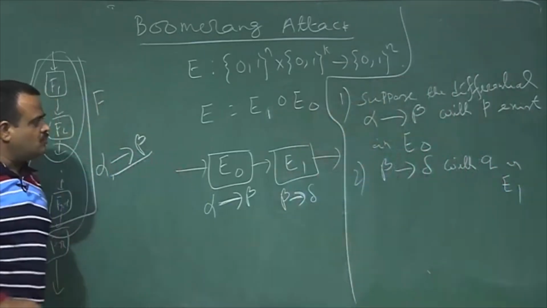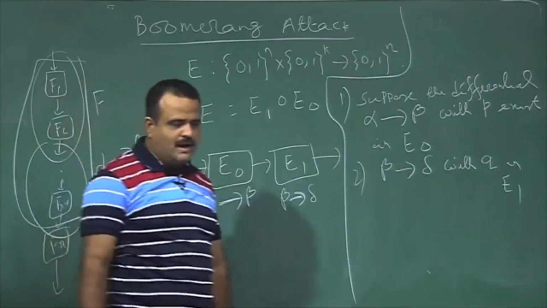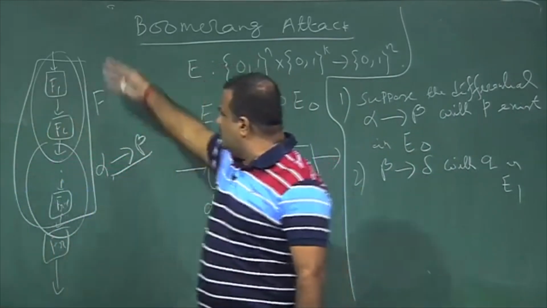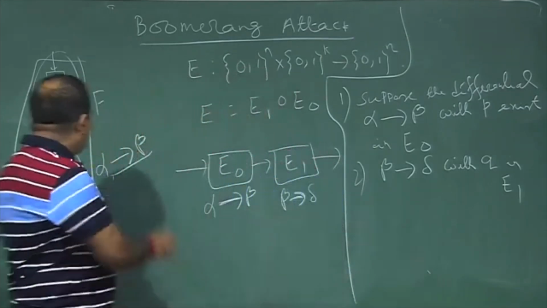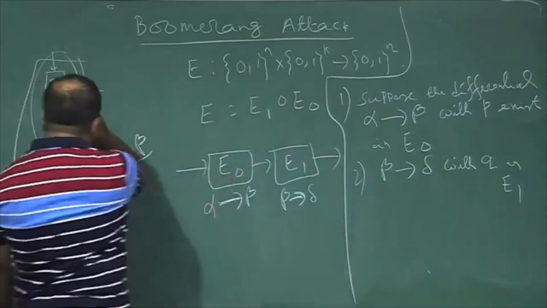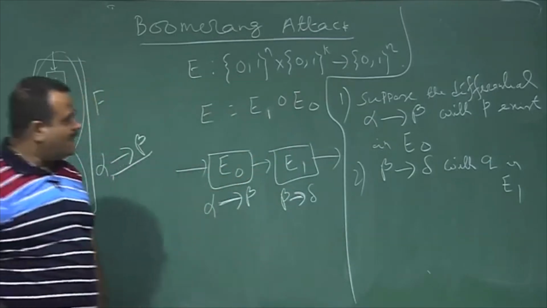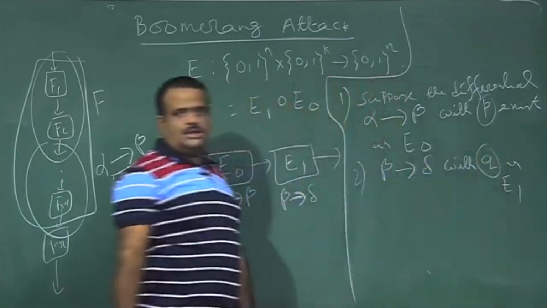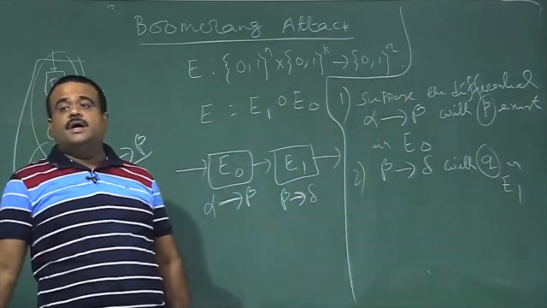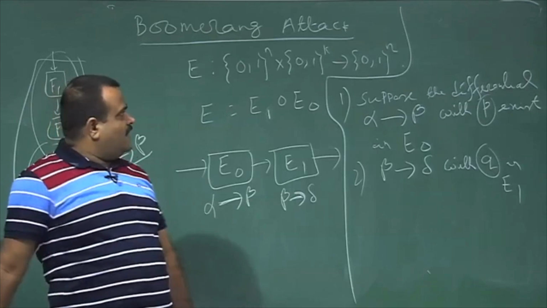So, we have these two differences, alpha going to beta and beta going to delta. Instead of a long difference, we find short differences on shorter rounds than the whole cipher. If these two probabilities are significantly high, like more than half, then one can mount the differential boomerang attack.